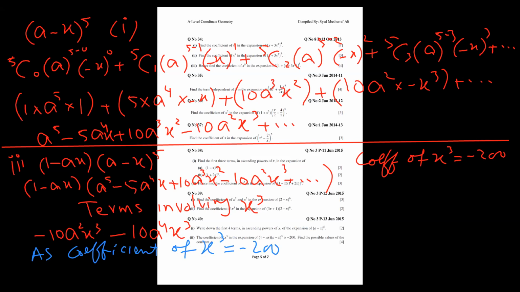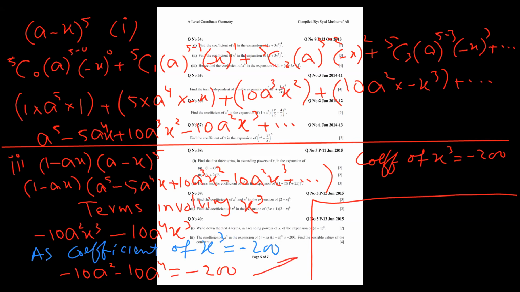So negative 10a squared, negative 10a to the 4 equals minus 200. This statement is very clear. Now the rest I'm doing here. I divide the whole equation by negative 10. So it turns to be a squared positive, a to the 4 positive, and equals 20. Now I write in order: a to the 4 plus a squared minus 20 equals 0.